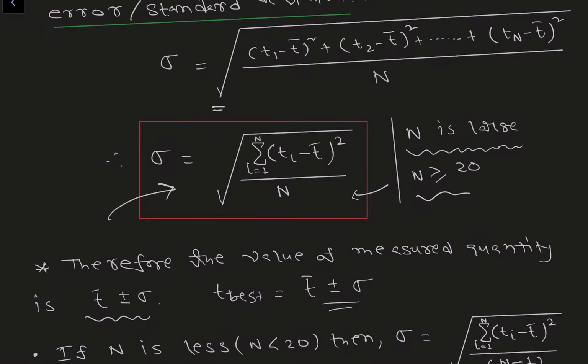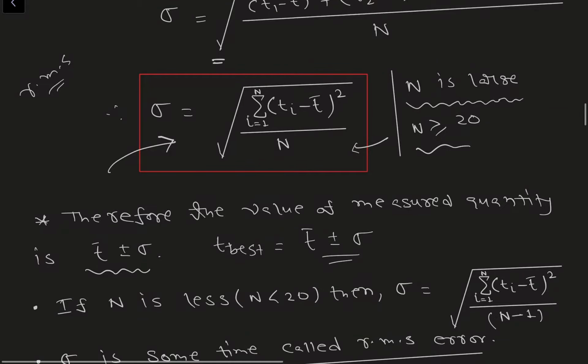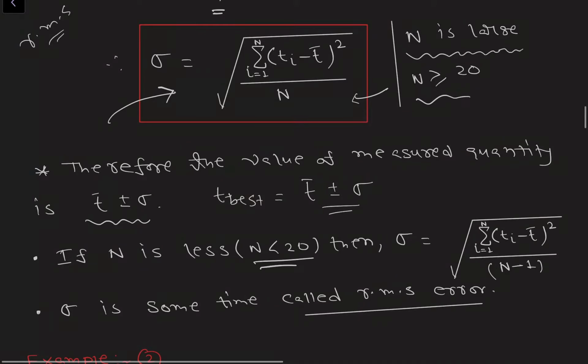We sometimes also call this sigma the root mean square error, RMS error, because we are taking the mean of the squares and then taking the root. Now there is another thing: if our sample size is small, again as a thumb rule for the laboratory, less than 20, then instead of n we are going to use n minus 1.